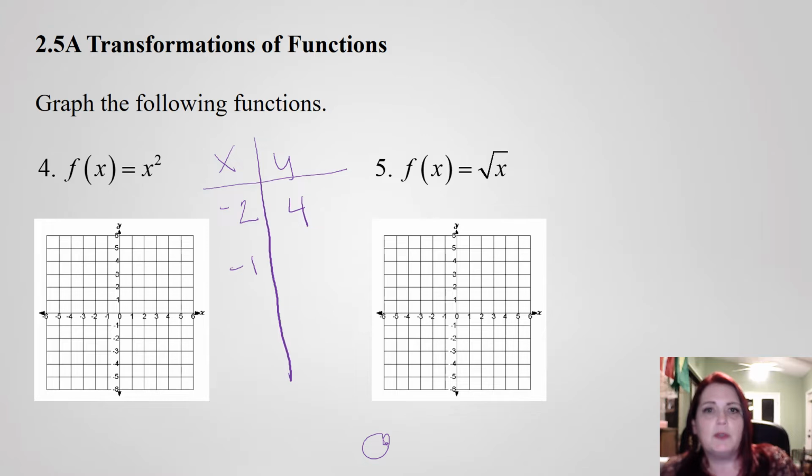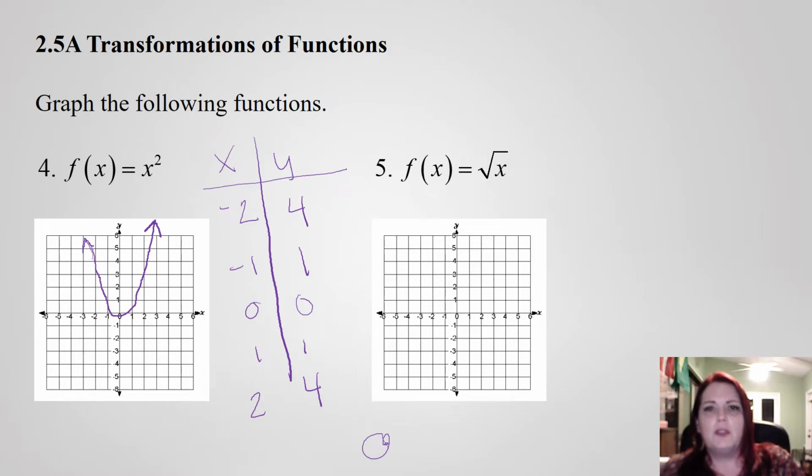Negative 1 squared is 1. 0 squared is 0. 1 squared is 1. 2 squared is 4. And this is a parabola, or quadratic. It's a little more difficult for me to draw it on the computer. Something like that.